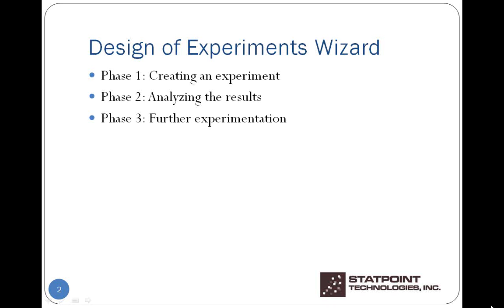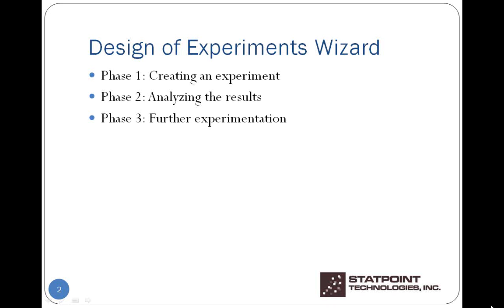The way Statgraphics is structured, if you're using the newest version of Statgraphics, we have added to the program something called the Design of Experiments Wizard. Previous versions of Statgraphics through version 15 contain the facility to set up and analyze various types of experiments. They also have the ability to optimize multiple response variables and so forth.